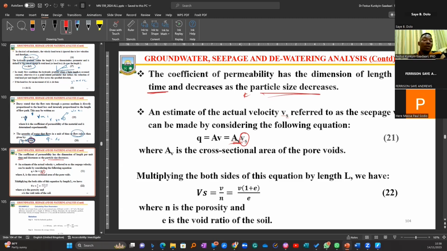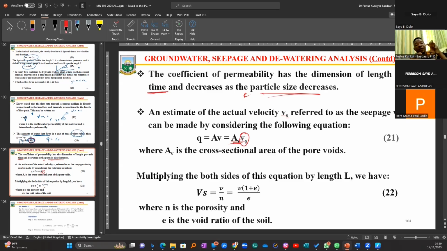Then we have said that before flow in a fluid can occur, it occurs through the interconnected pore spaces, which means there is something called porosity which is coming into play, and then the void ratio, which is more or less a measure of you trying to find out the percentage or the amount of empty spaces to the solid, the entire volume you have gotten.